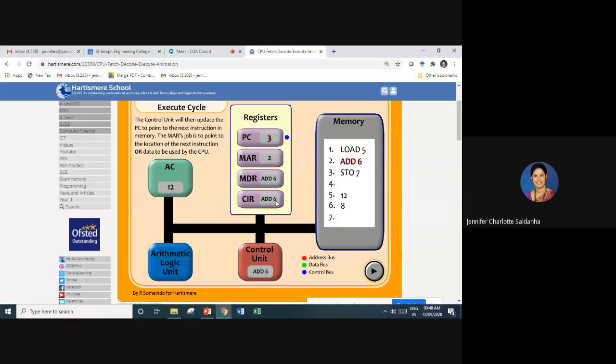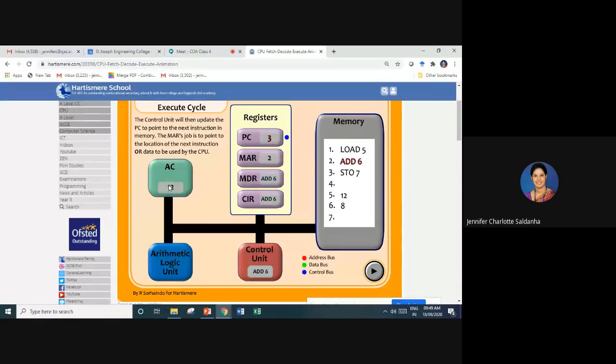Okay. So to add we need 2 operands, right? For addition we need 2 operands. Here in the instruction only 1 operand is specified. Add 6 means add the contents of the memory location with the address 6. So this particular operand 8, which is present in the memory location with the address 6, has to be added to the contents which are already there in the accumulator.